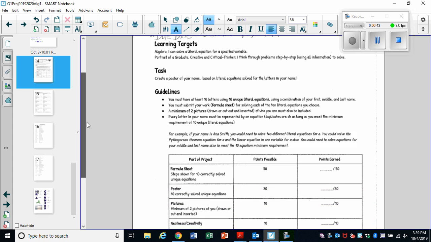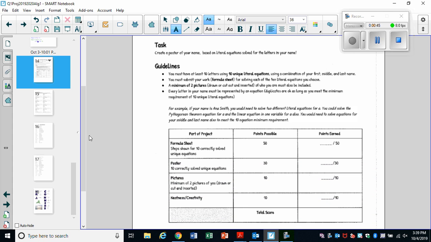So your guidelines: 10 letters. They must be unique literal equations. You can use a combination of the letters in your first, middle, and last name. You must submit your work, which is your formula sheet, on the back side of this piece of paper, or in this case, the next slide, solving the 10 literal equations you choose.